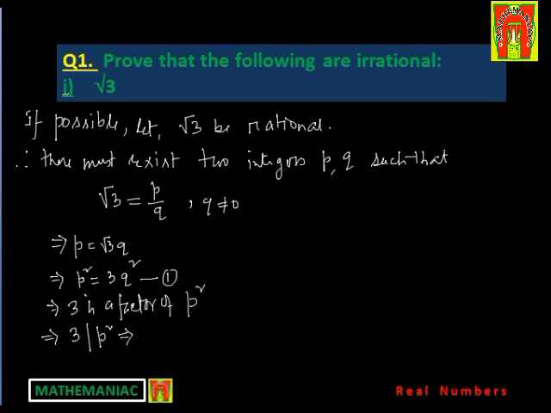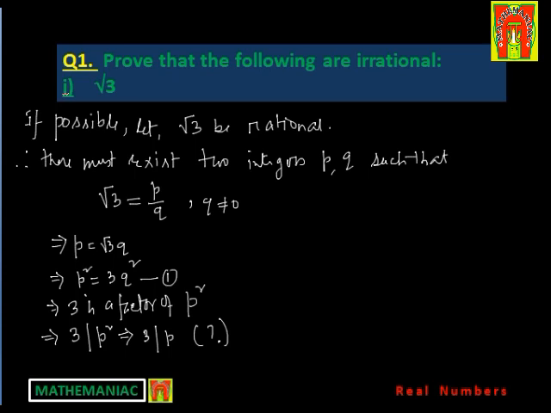And now try to remember, what about this 3? Is 3 a prime? Yes. So I can apply that theorem. That theorem means what I explained you now. So that tells you that this divides p. But do not forget to write here in this place the theorem statement. So here what I obtained, 3 divides p.